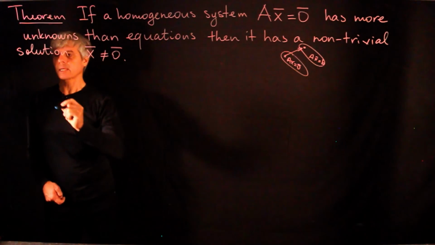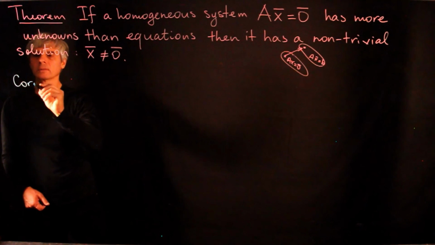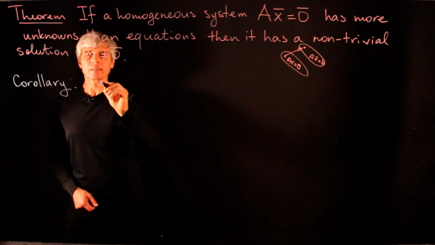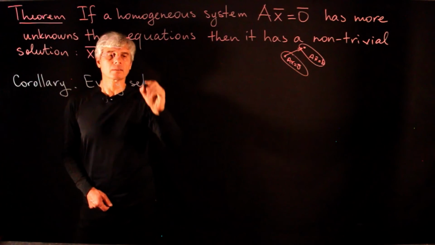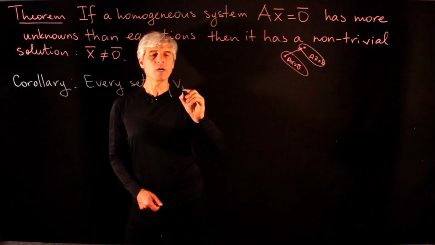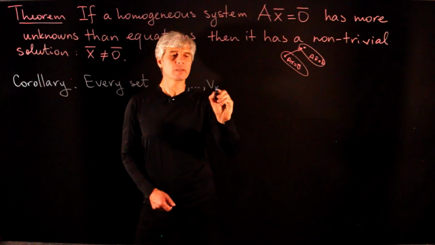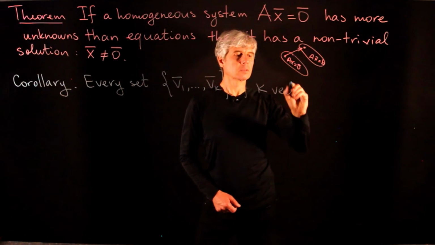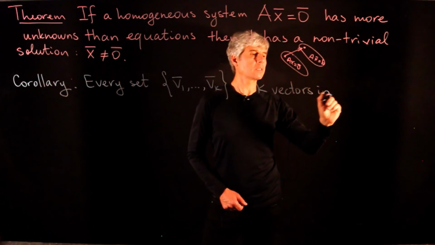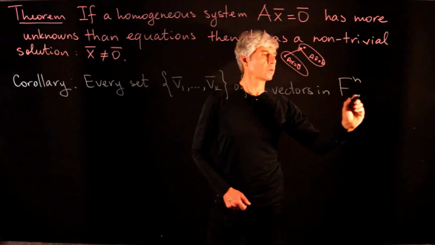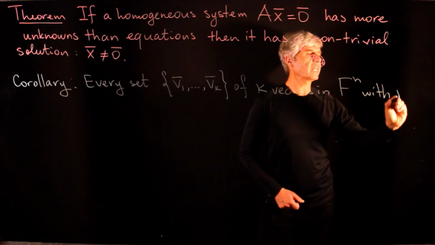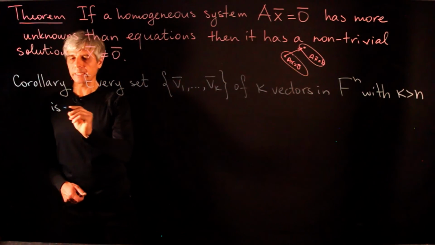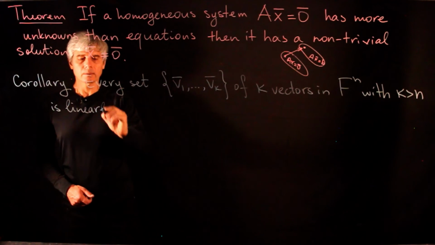So this theorem has the following corollary. Every set v1, ..., vk of k vectors in Fn with k greater than n is linearly dependent.